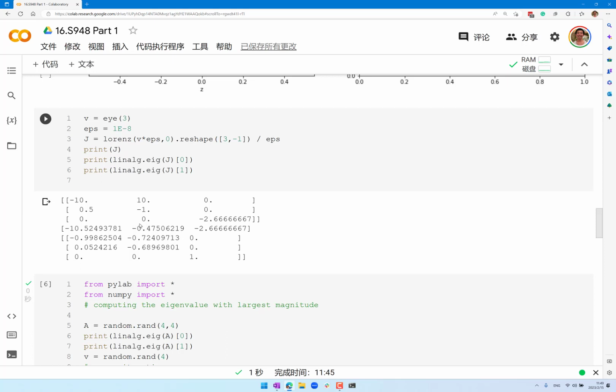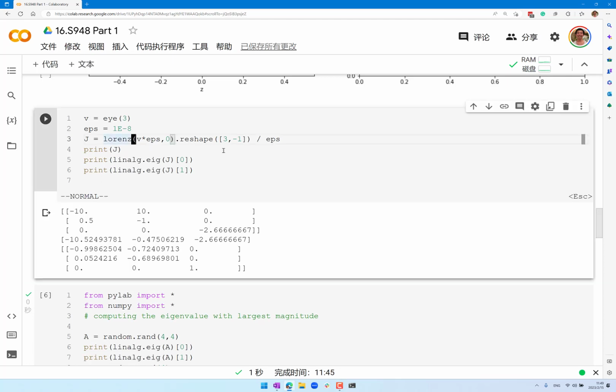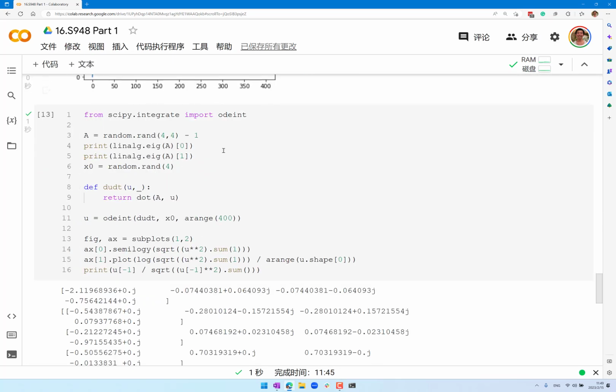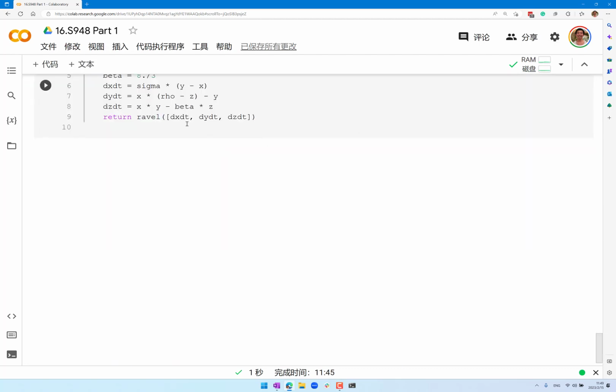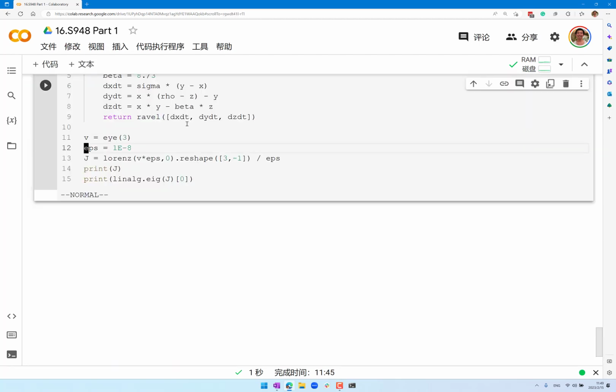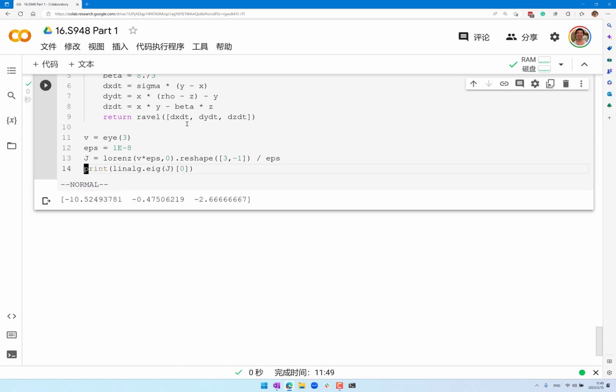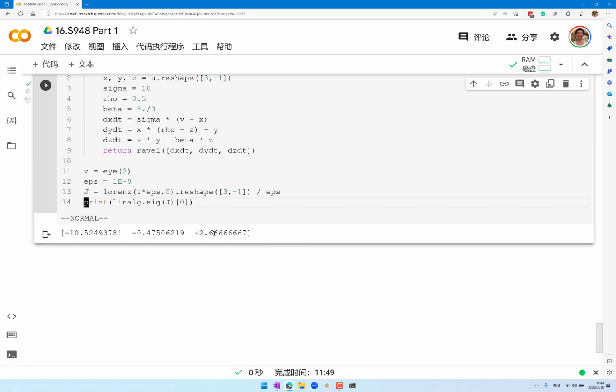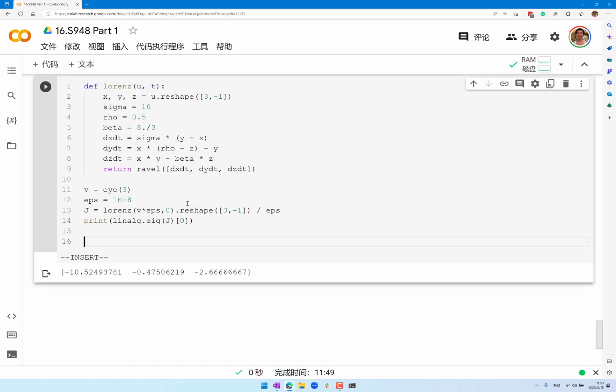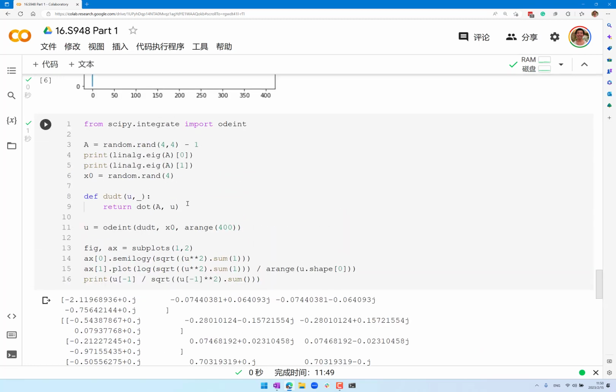So let's take a look at how we compute this one. Let's copy these so that we have a baseline to compare against. Okay, so these are the 3 eigenvalues. Now let's do something very similar to what we did previously.